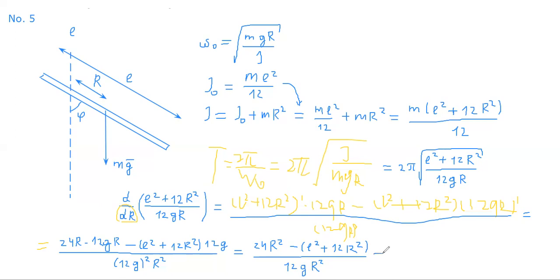Yes, and this is equal to 12 r to the power of 2 minus L to the power of 2, divided by 12 g r to the power of 2. Okay, and this is equal to 0.